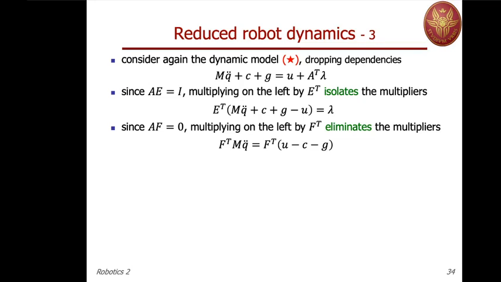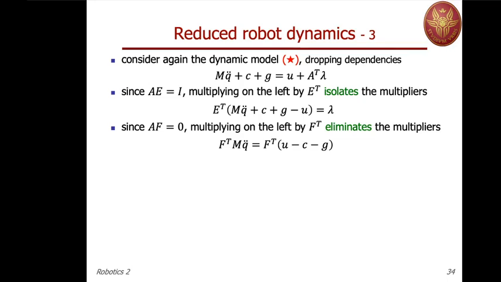Now these differential equations are in number equal to the columns of matrix F. In fact, F appears as transpose, so this gives the number of differential equations that we are considering. So we are combining the original n differential equations of the dynamic model into n minus m dimensions.